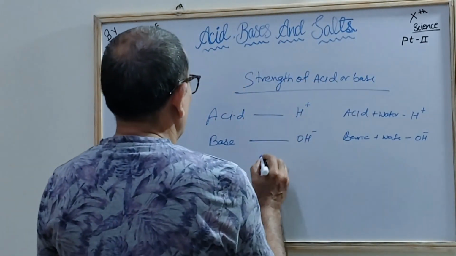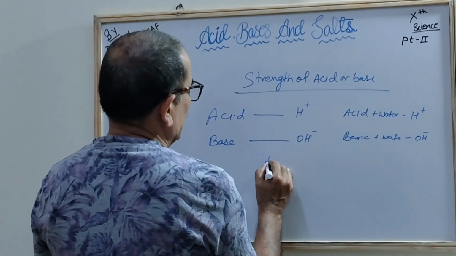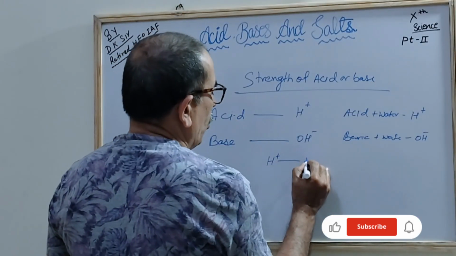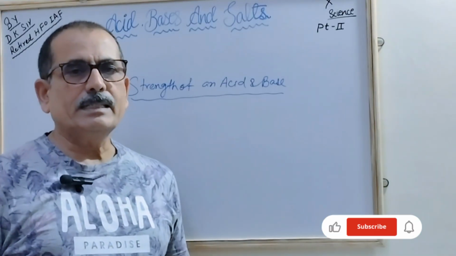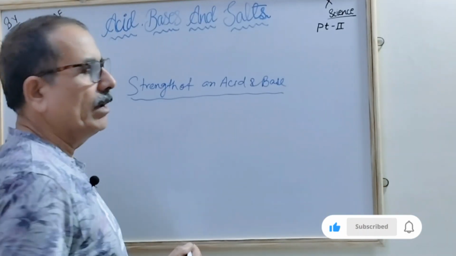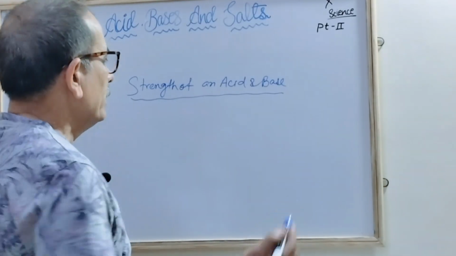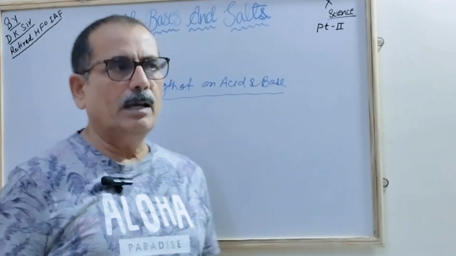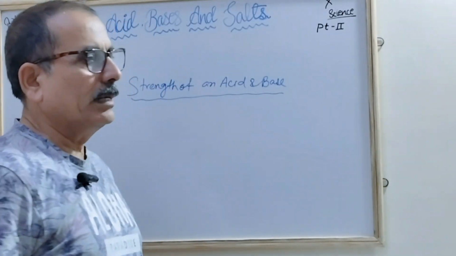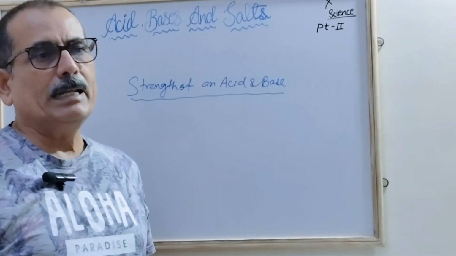So how to find out? If you find that the H plus is more, then it is strong. This is the strength of the acid and the base. When you put the acid or the base into the water, it is going to break down, correct?